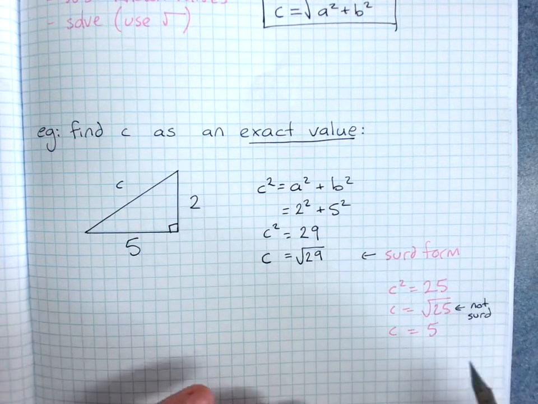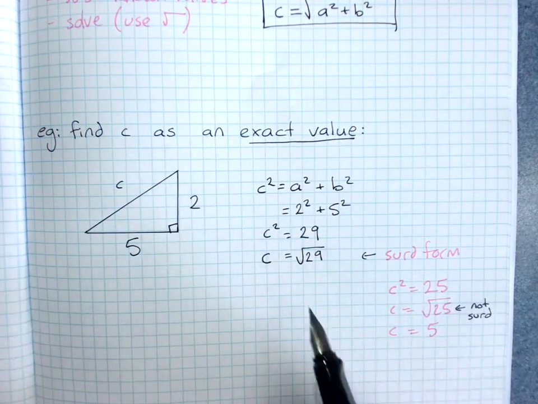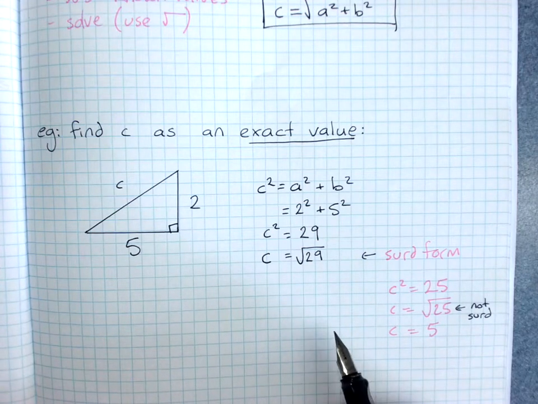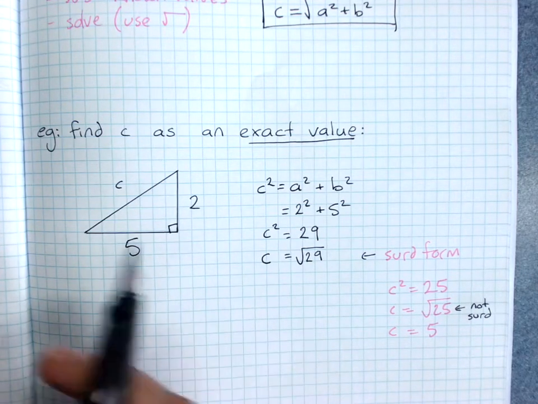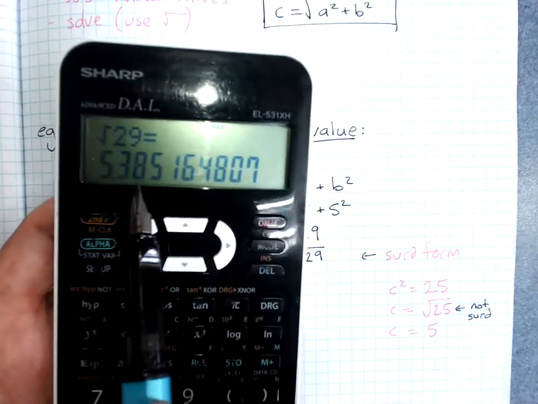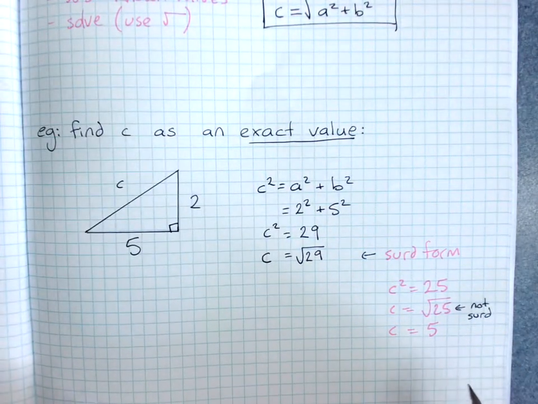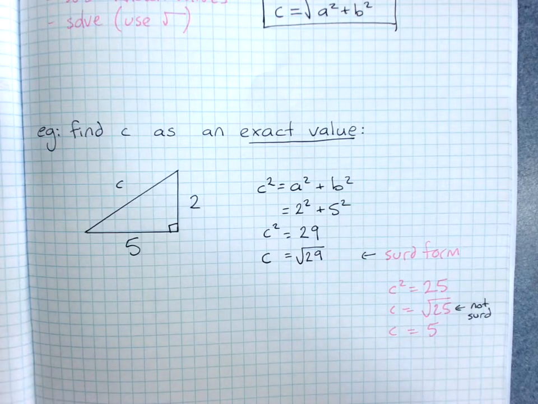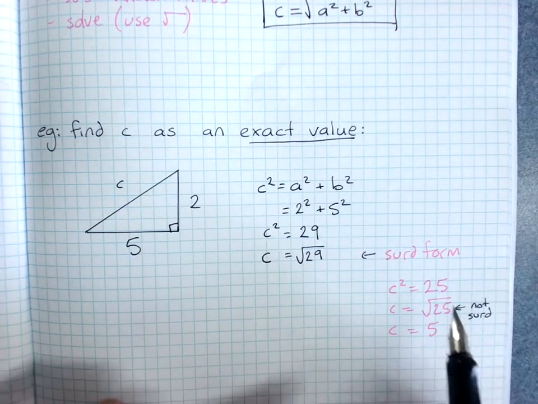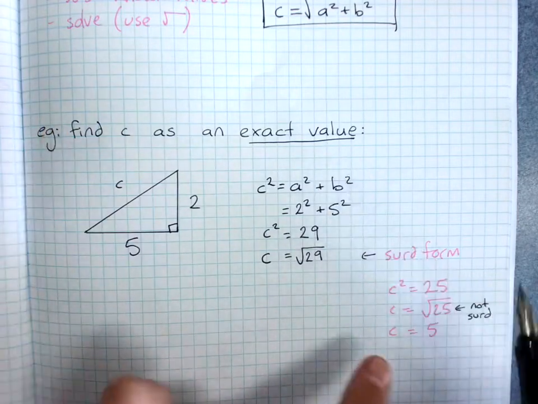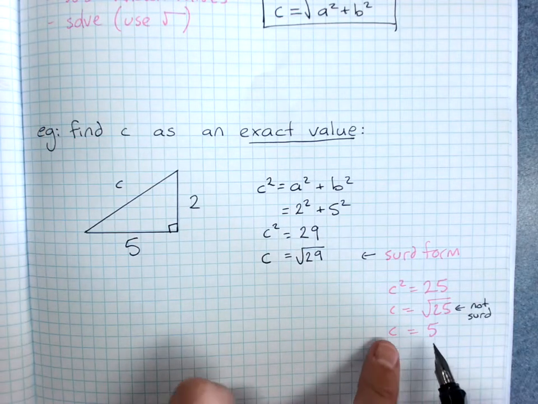The definition of a surd is an irrational number in the form of a root. Irrational numbers, the decimal part keeps on going forever and ever and ever. They're not whole numbers. They're not exact values when they're given as a number. So if you can give an exact answer when you evaluate it, you do that.